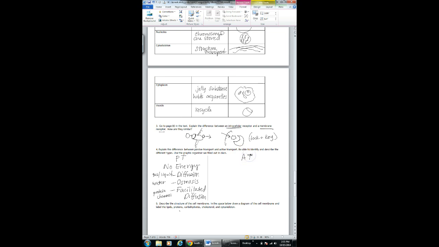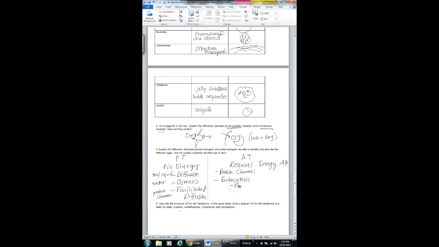Then we have active transport, and this requires energy. And this is generally ATP. And you can have active transport with protein channels. And we have endocytosis. And endocytosis, there are two types.